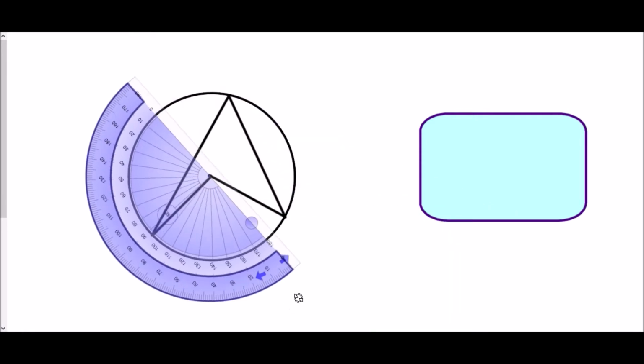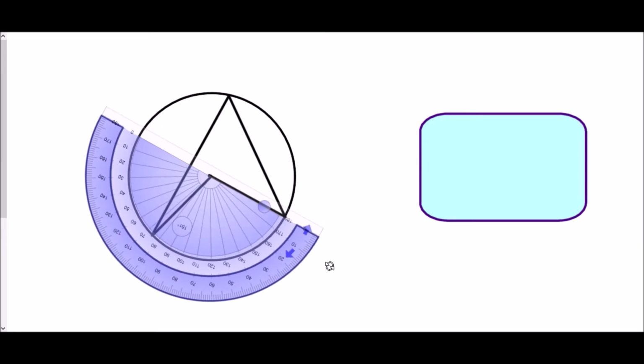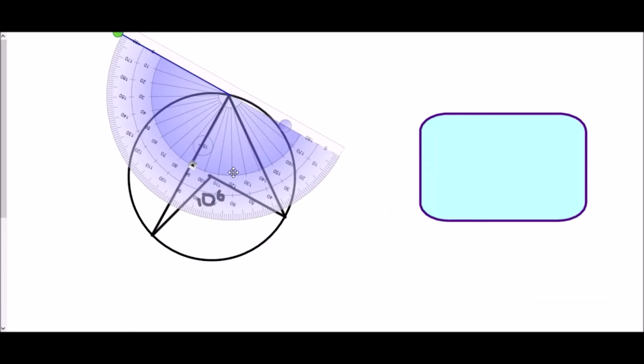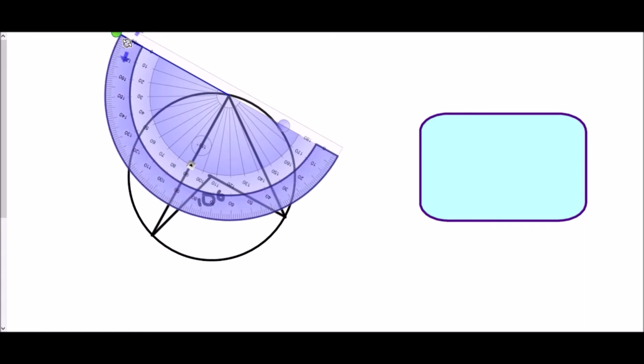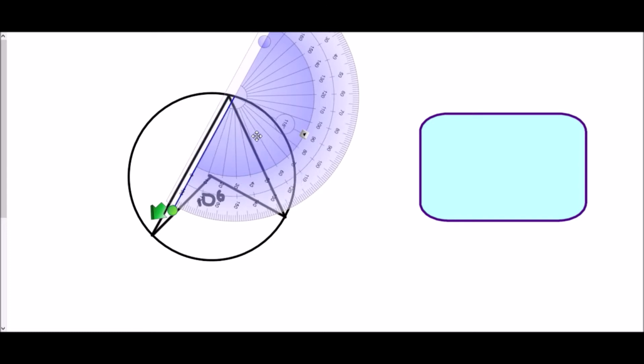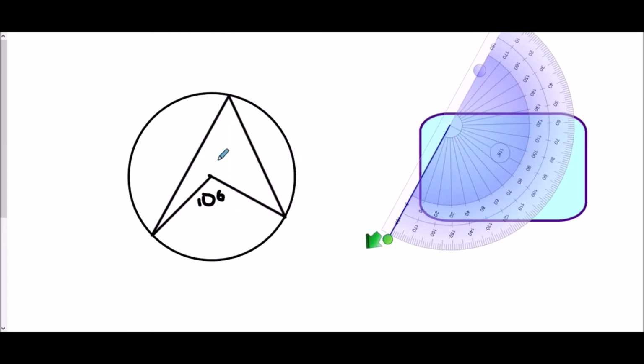And so if I turn this around, I can measure this angle as, well, it looks like around 106 degrees for the inside. And so let's have a look at the angle which is at the circumference. Well, if I place my protractor again just in here and turn it round, I can see that the angle at the circumference is around 53.